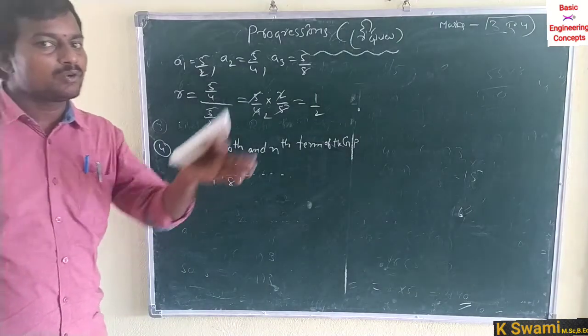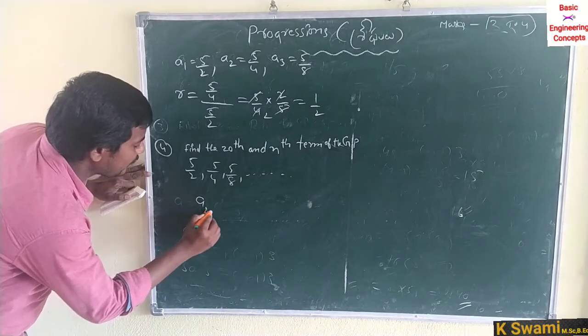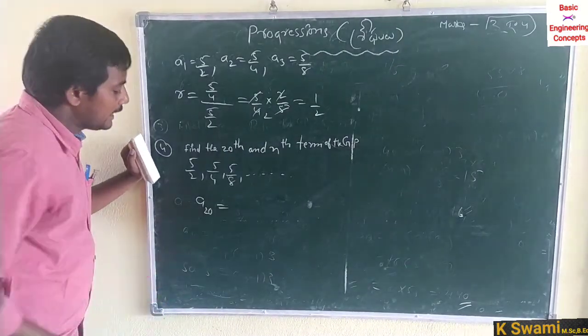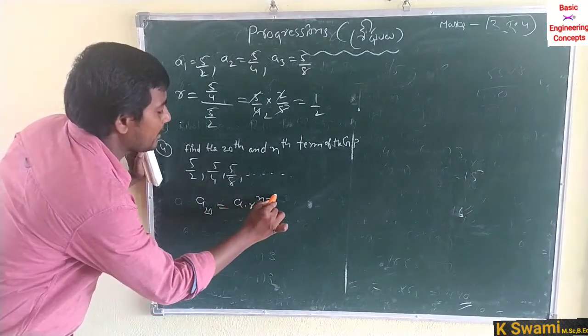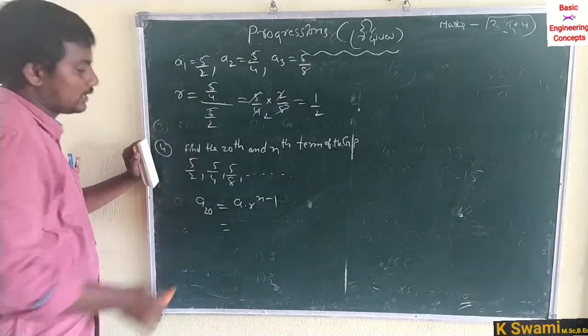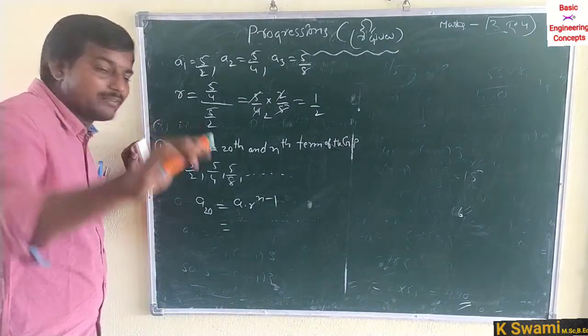To find the 20th term, A20 is equal to, we know that, a into r power n minus 1, where a is equal to 5/2, the first term in the given series.